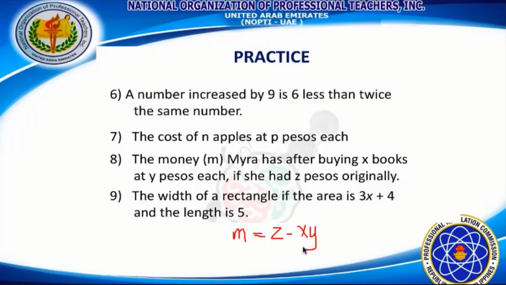And last, number 9, the width of a rectangle if the area is 3x plus 4 and the length is 5.